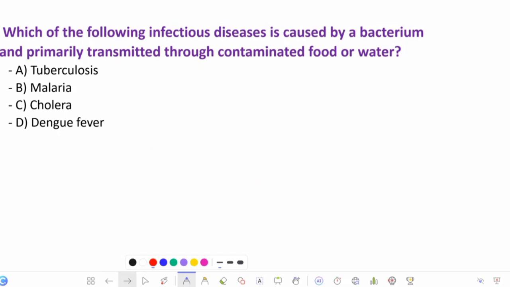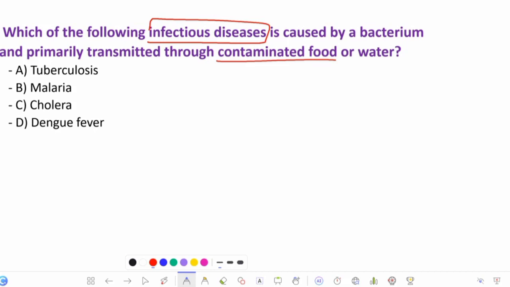Which of the following infectious diseases is caused by a bacterium and primarily transmitted through contaminated food and water? Contaminated means containing the causative microorganism. So number 1, tuberculosis, malaria, cholera, dengue fever. It is spread through contaminated food or water.